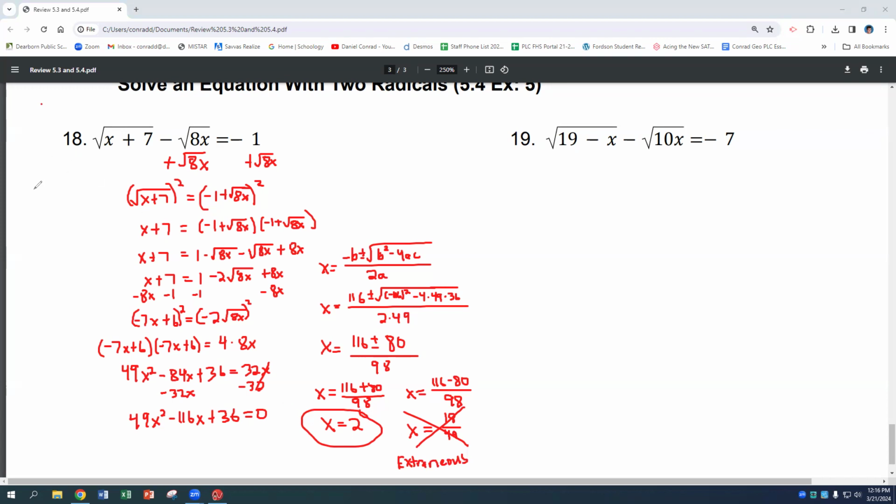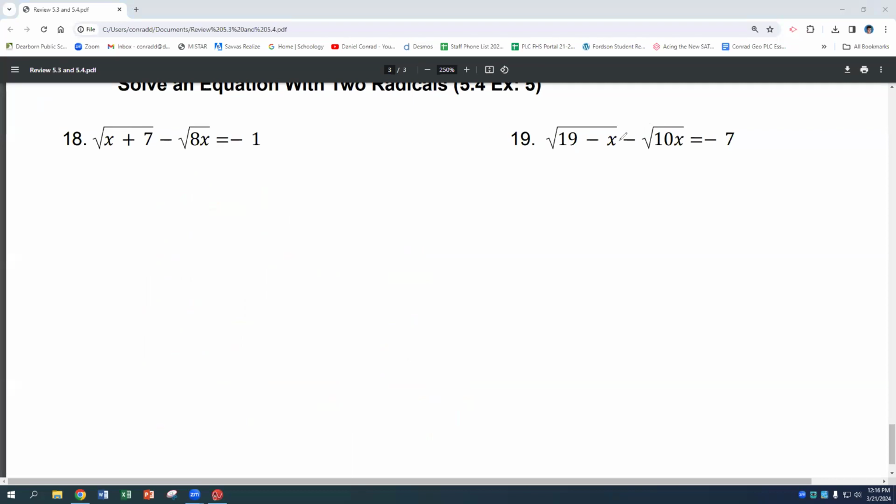All right, good. All right, the next one, again, isolate a radical. So I'm going to add square root of 10x to both sides. Okay, so that's going to give me square root 19 minus x equals -7 plus square root of 10x.